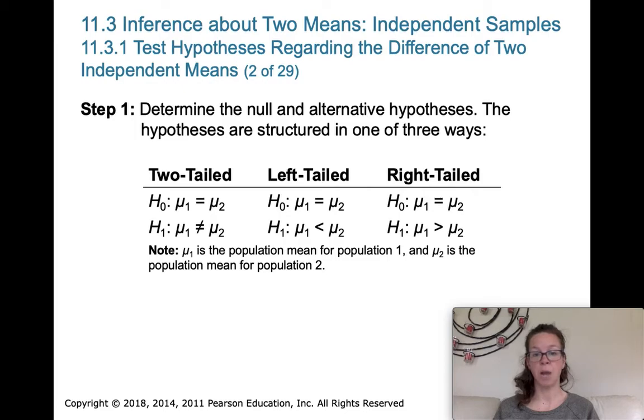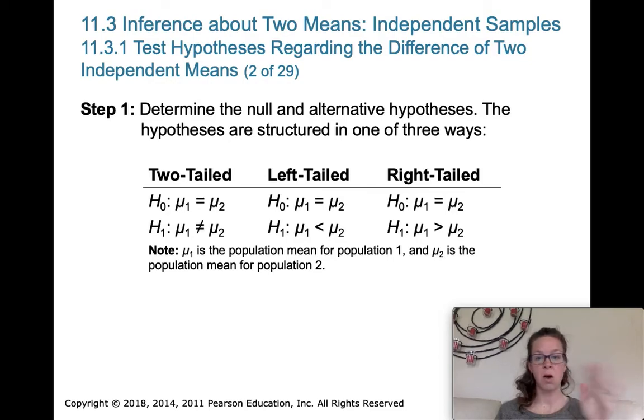We are going to choose our hypotheses, either that the means are equal, that is our null hypothesis, all the way through, that the means are the same for the two groups, and then what we are assessing is, are they different? Are they either just different, we're not making a guess about which way, or do we have an assumption beforehand about one group having a larger mean than the other group?